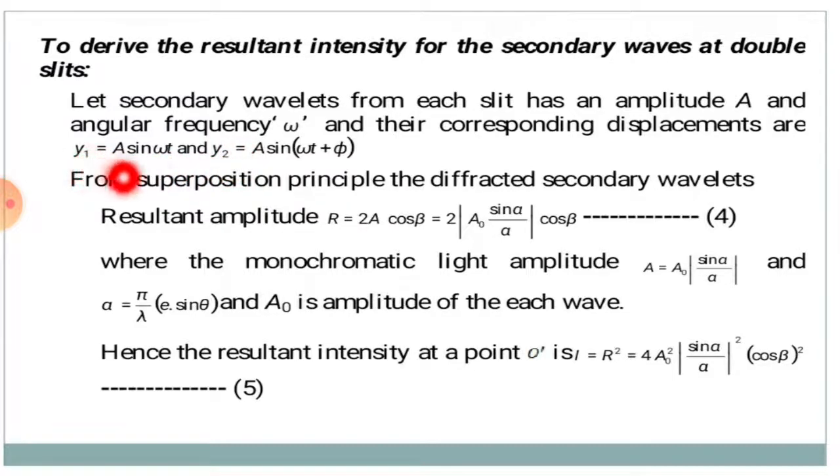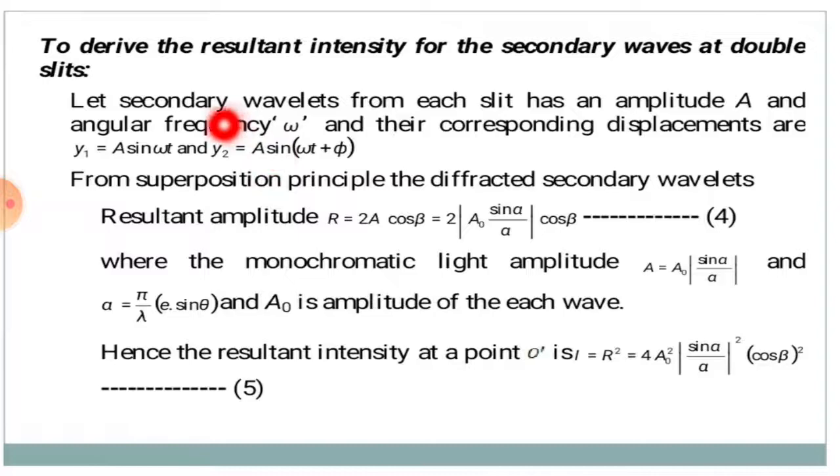These two waves travel with the phi phase difference. Now we can apply the principle of superposition to these two expressions. According to the principle of superposition, the algebraic sum of displacements of the individual waves gives the displacement of the resultant wave, and that displacement gives the amplitude.